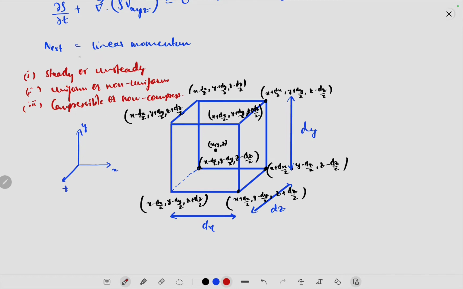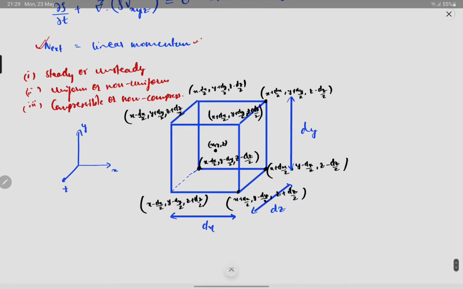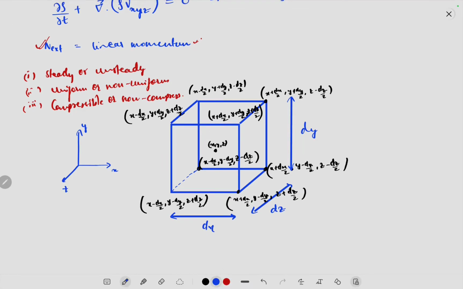So we want to derive for a general system, considering the extensive system property as linear momentum. Since this is a new part, let's just draw a line like this. It has nothing to do with the continuity equation.